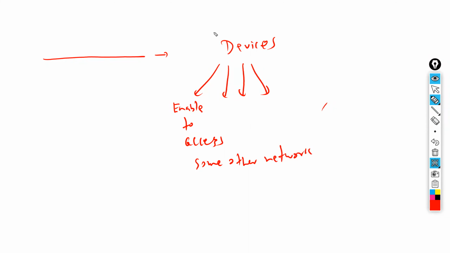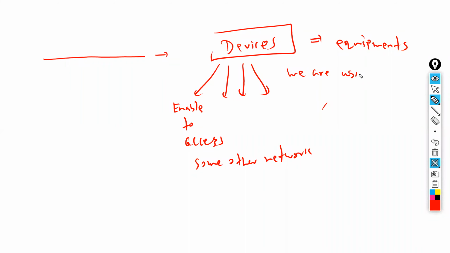So networking devices mean the devices or the equipment we are using to set up the network.